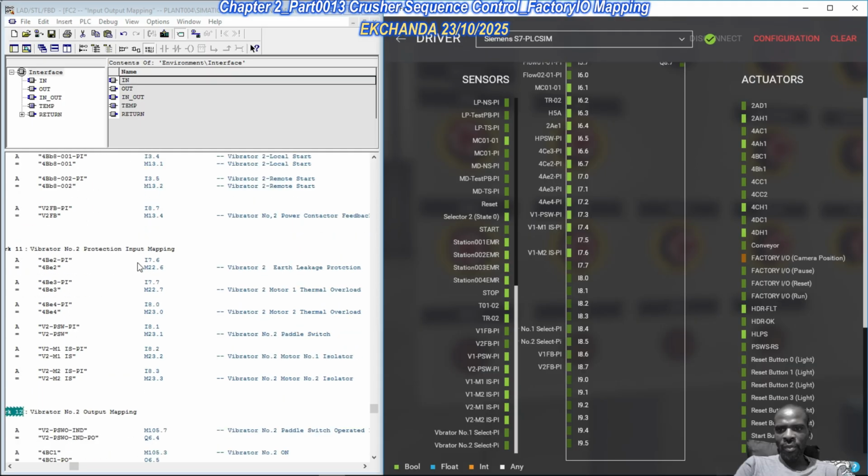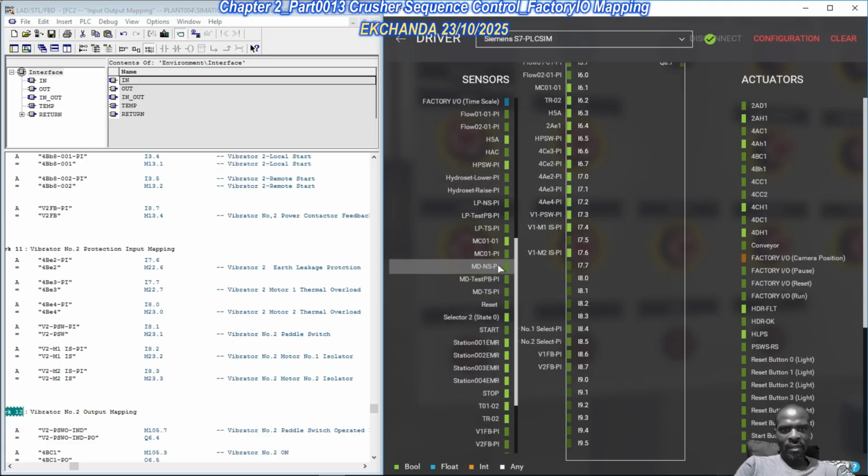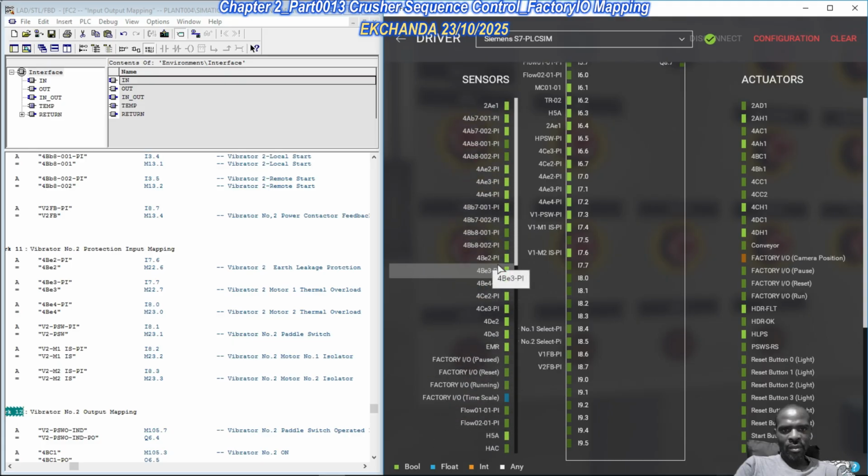So we move on to protection input mapping. 4BE2 is going to be mapped to input 7.6, which is this one here.